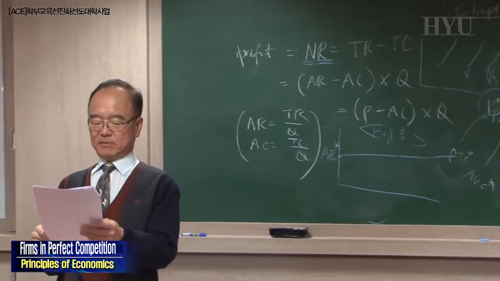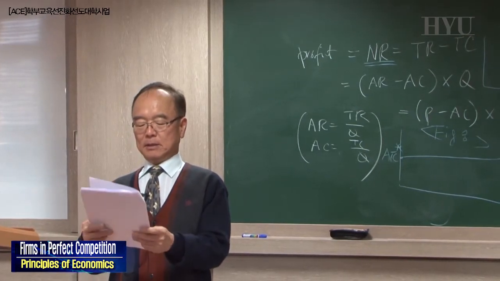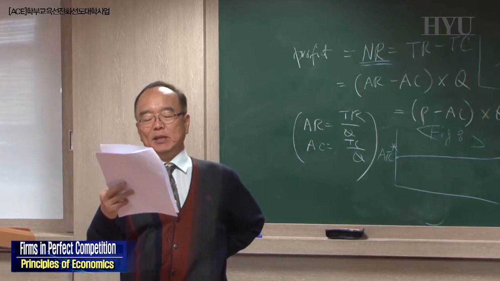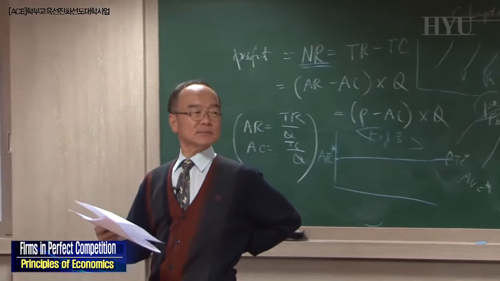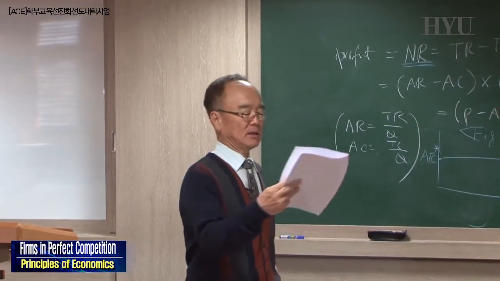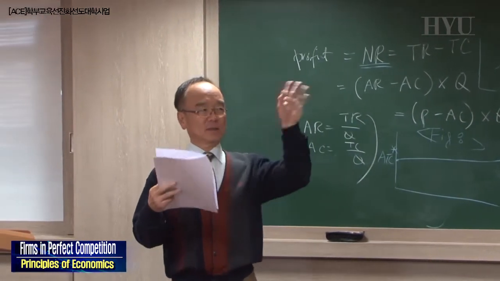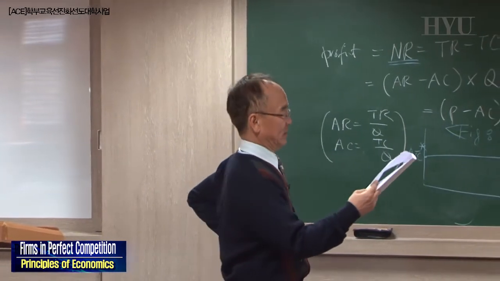Okay, I explained this before. There are three different cases depending on the location of the market price. If the market price is higher than ATC, you can record a profit.